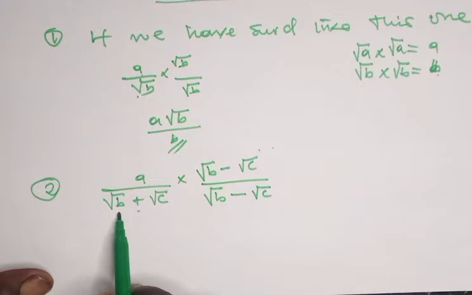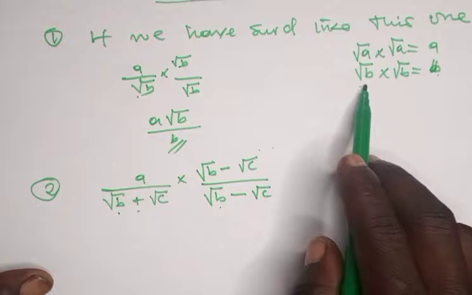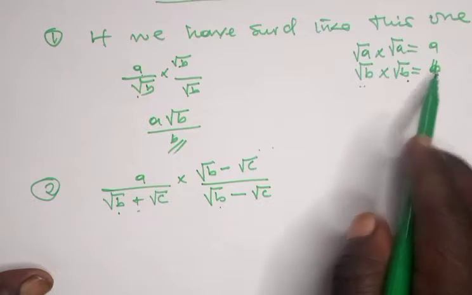You multiply both sides. Square root b times square root b, as you can see, is b.